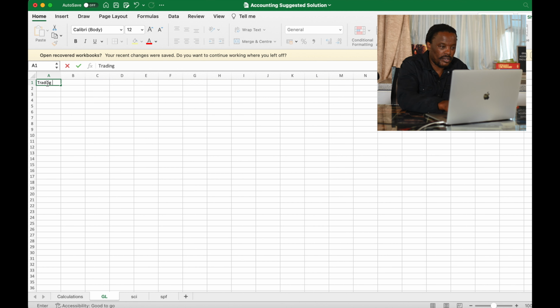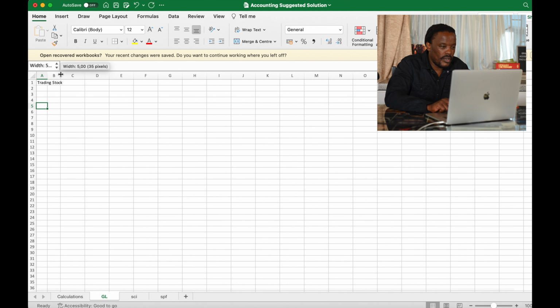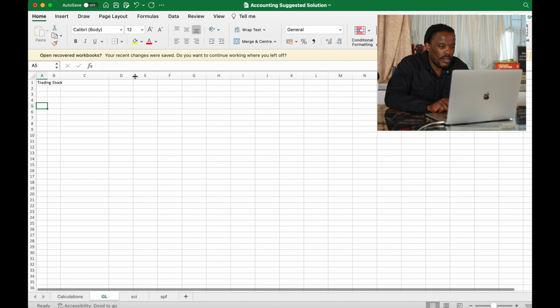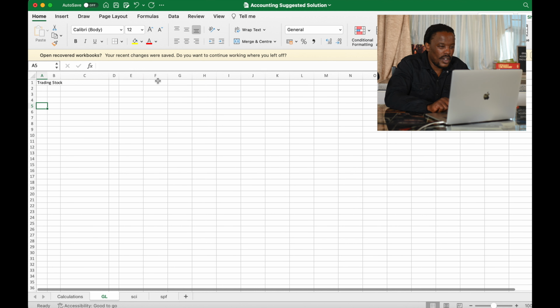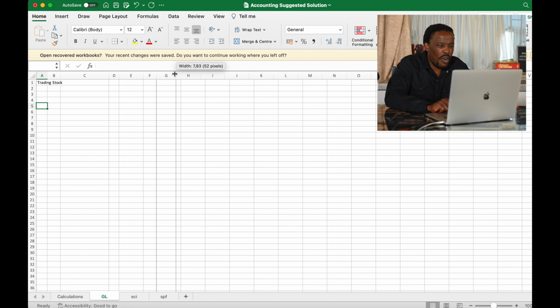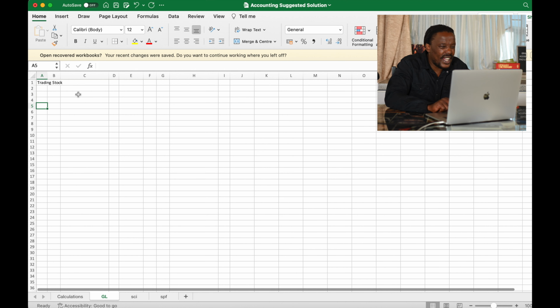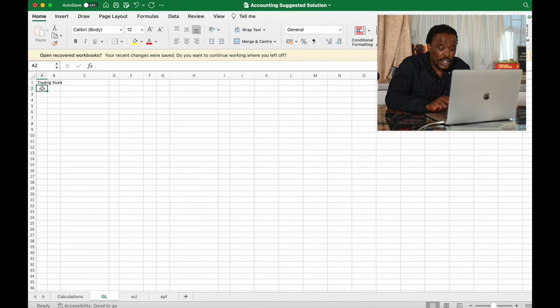Trading stock. Because some students will say, but this method is more confusing, I'm used to general ledger accounts. Even though we are used to general ledger accounts, there are other methods that we can show you.